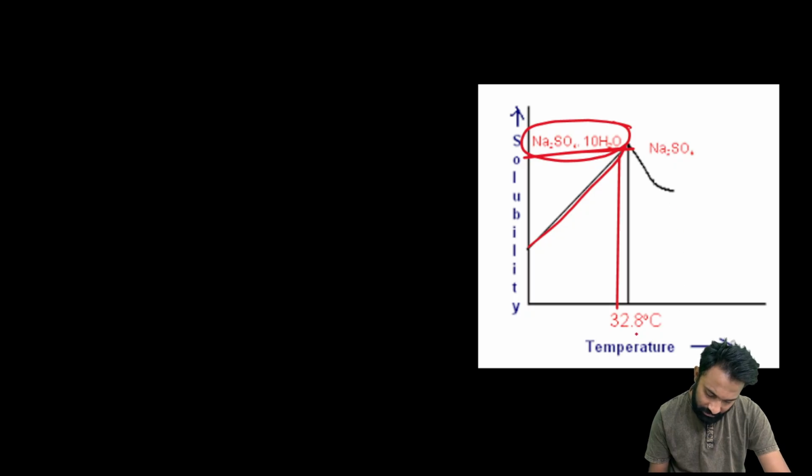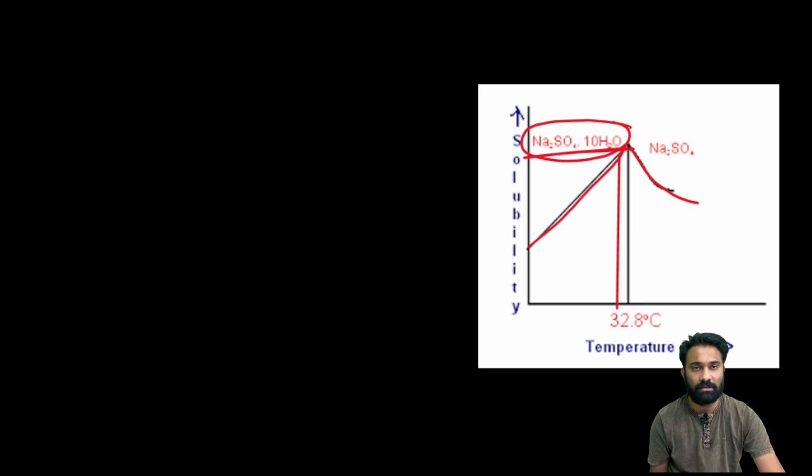But once it passes 32.8 degrees Celsius, its solubility decreases. Clear? For this sodium sulfate, first by increasing the temperature, solubility increases. After that it decreases. Sodium sulfate is an example for it.